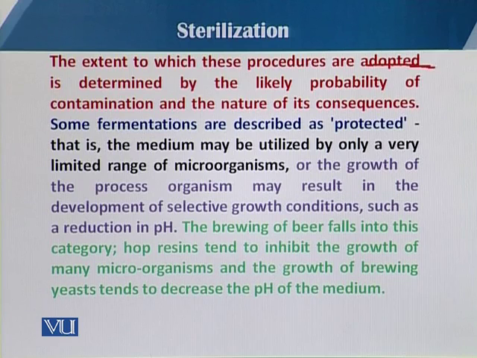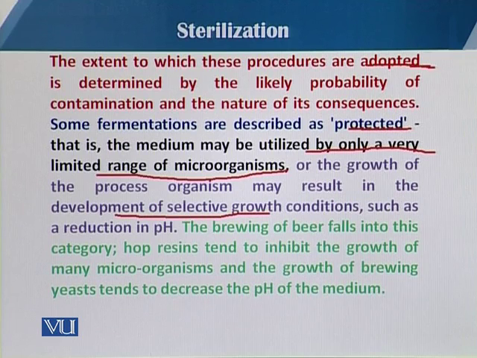In the first case, most of the fermentations are termed as protected, if the media may be utilized only by a limited range of microorganisms, which we call the process organism, as a result of the development of selective growth conditions for our desired organisms in terms of pH, in terms of nutrients, in terms of other conditions.